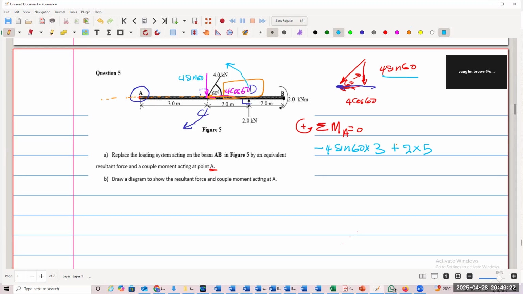Is it a positive moment or a negative moment? Is it going in the positive direction or negative direction? It's going in the negative direction. Do you agree? This is going clockwise, which is minus. So therefore, put it back as minus 2.